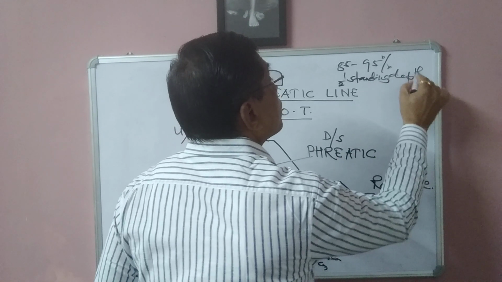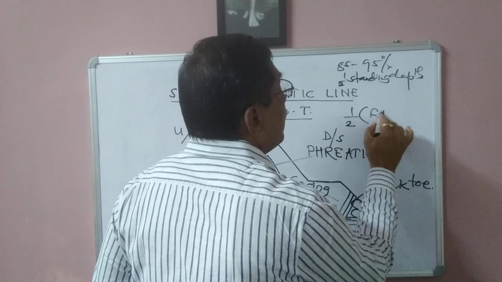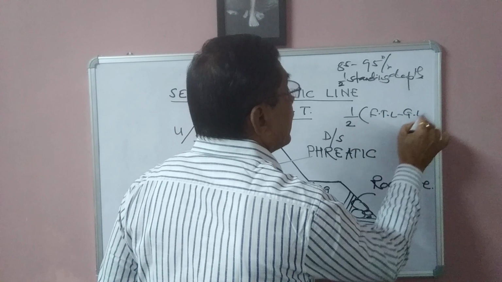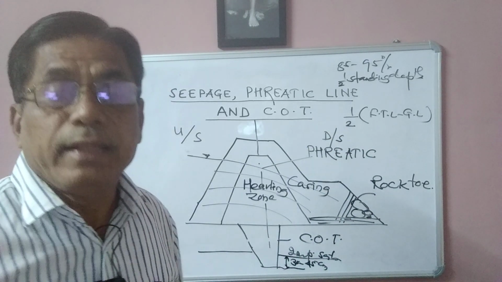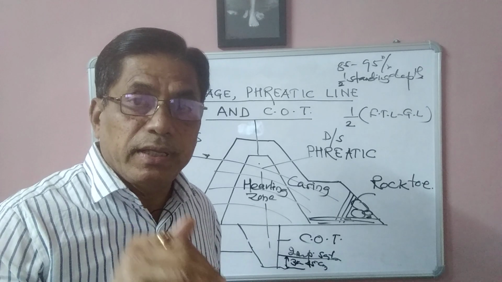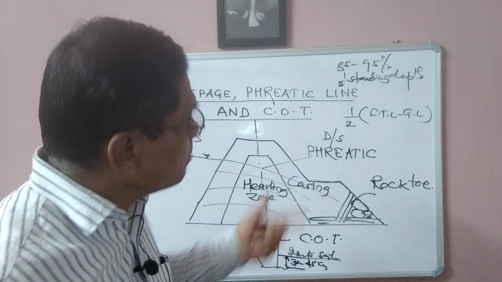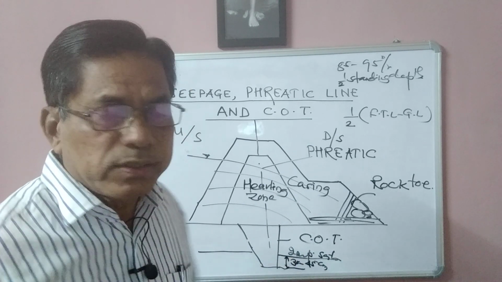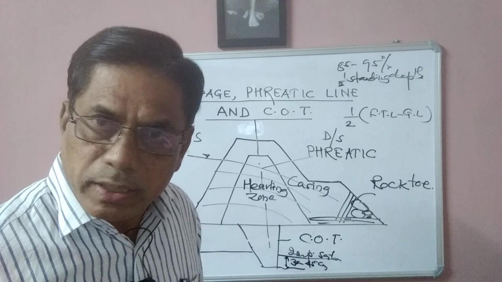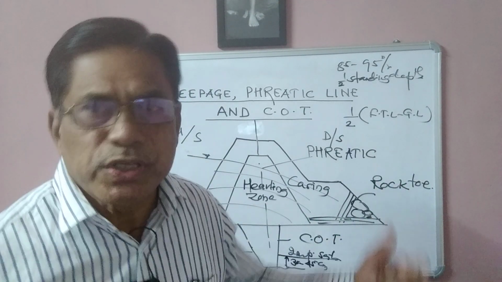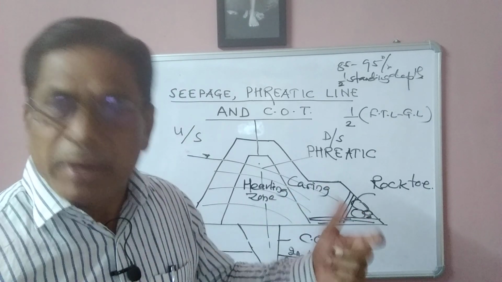So standing depth means what? Half of FTL minus GL. To this depth, the partial cutoff is taken. So this partial cutoff reduces less seepage than that of the full cutoff. Naturally, 50 to 60% of the seepage is reduced due to provision of the partial cutoff.